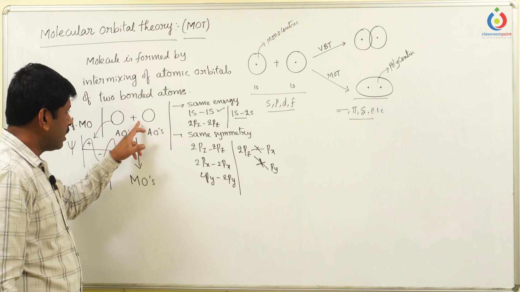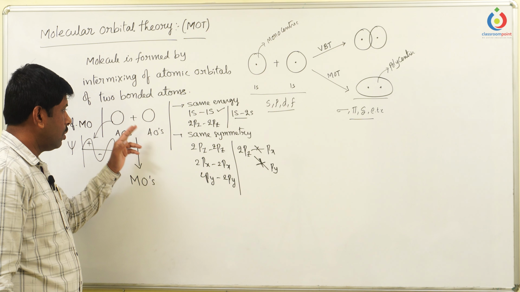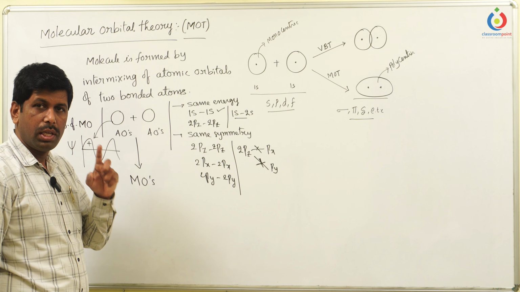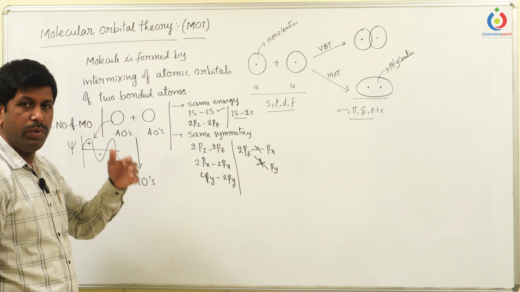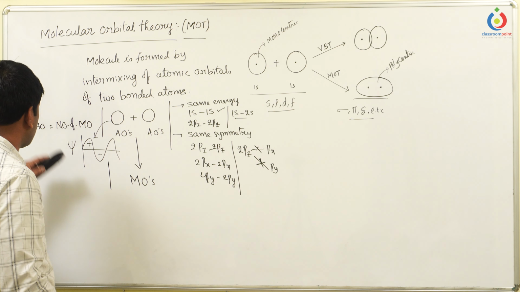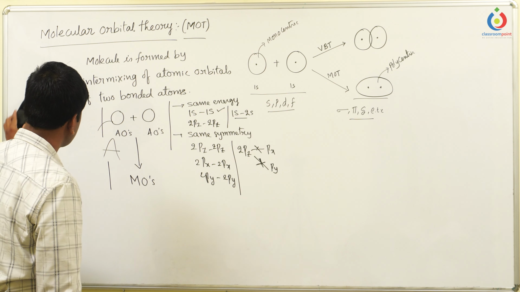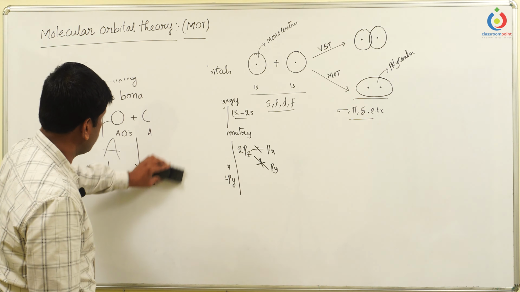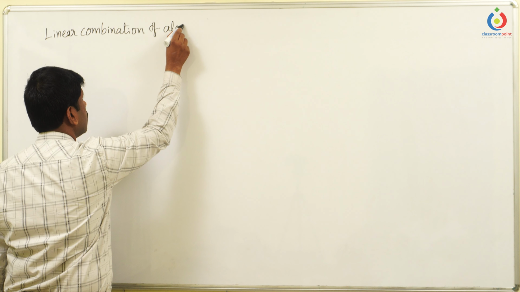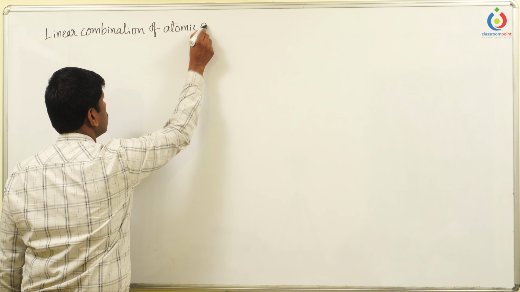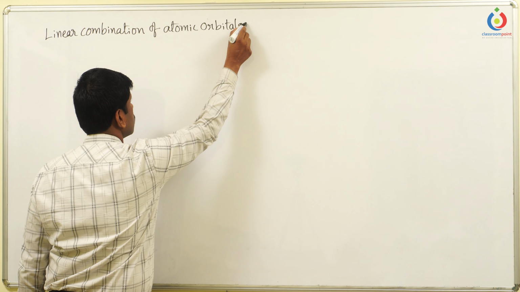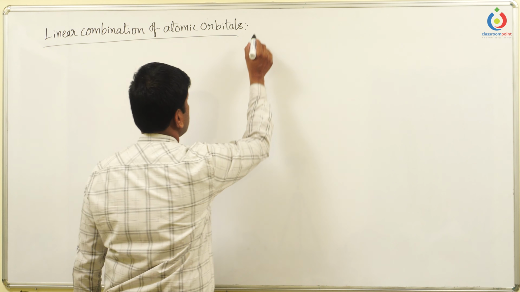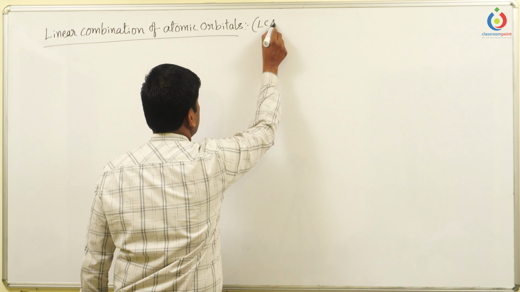So the exact intermixing of the atomic orbitals to produce the molecular orbitals is explained by the linear combination of atomic orbitals. So we shall discuss the linear combination of atomic orbitals now. Linear combination of atomic orbitals, known as LCAO.